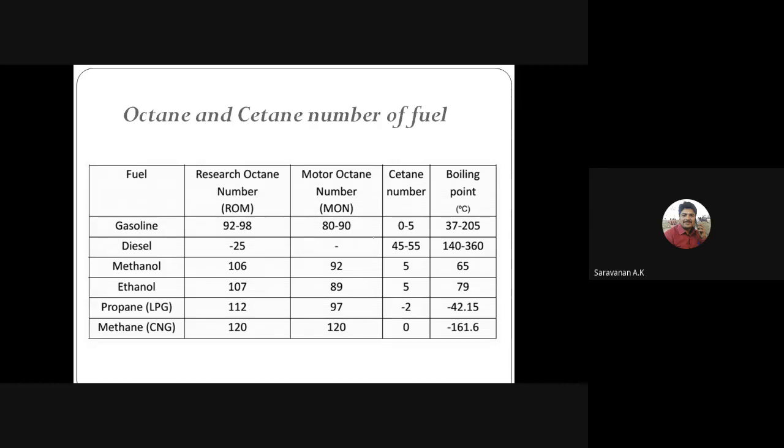So this results in loss of power, and it can damage the engine too, right?